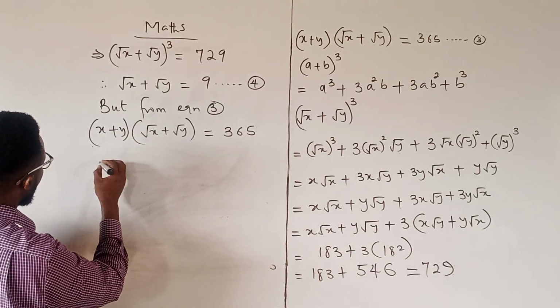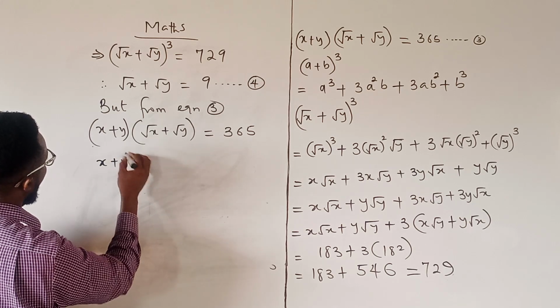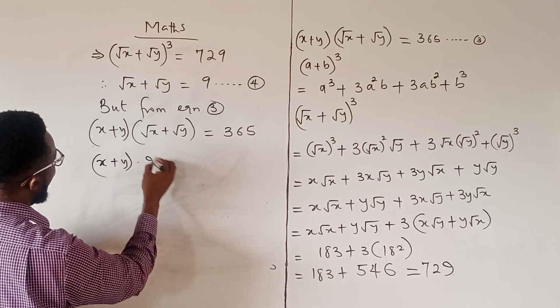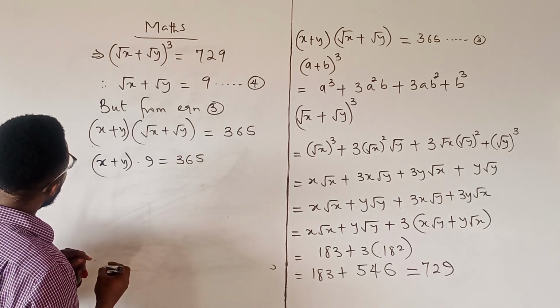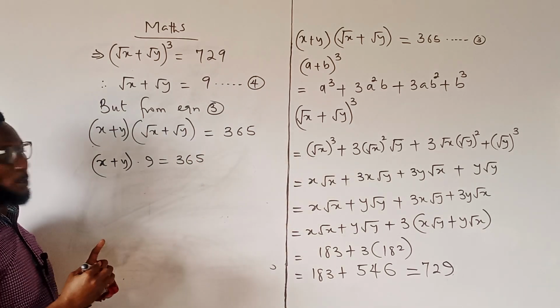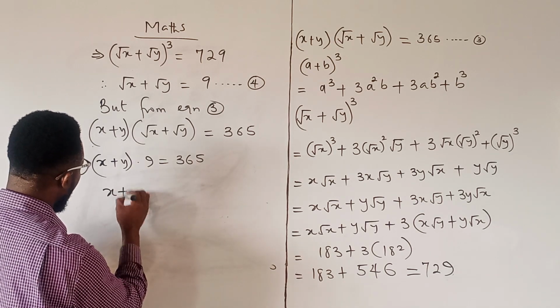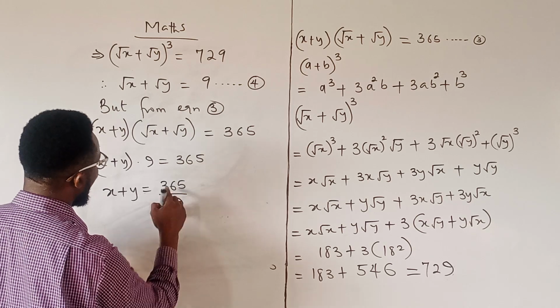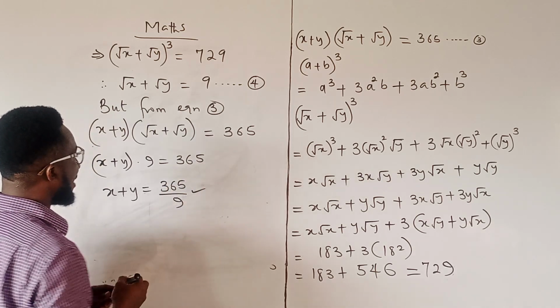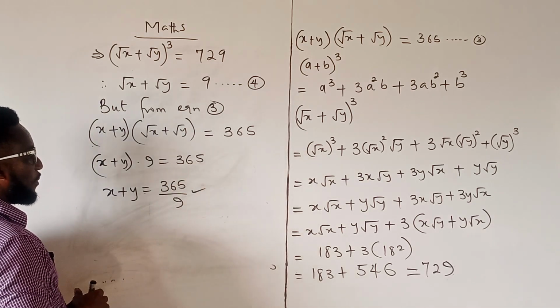So it means that I'll write x plus y in parenthesis multiply 9 equal to 365. So I can isolate x plus y by dividing both sides by 9. That will be 365 upon 9. So this is actually the answer to this problem.